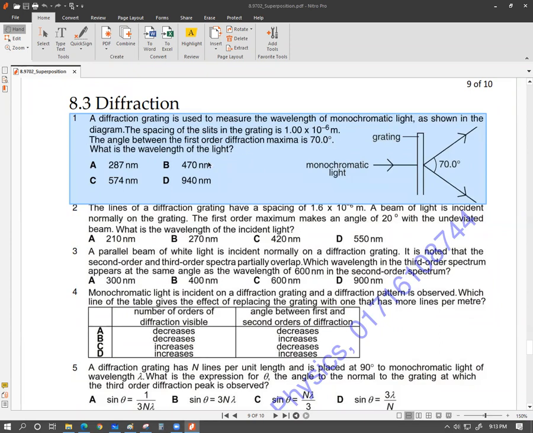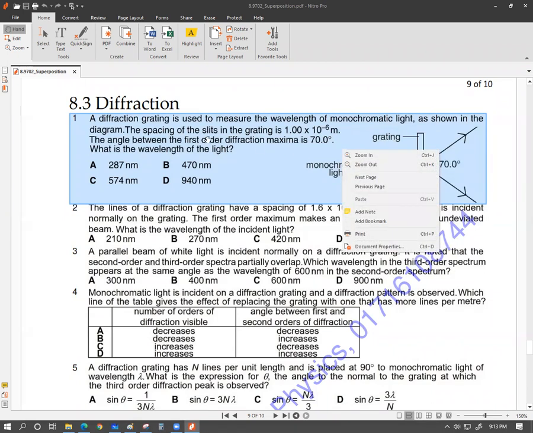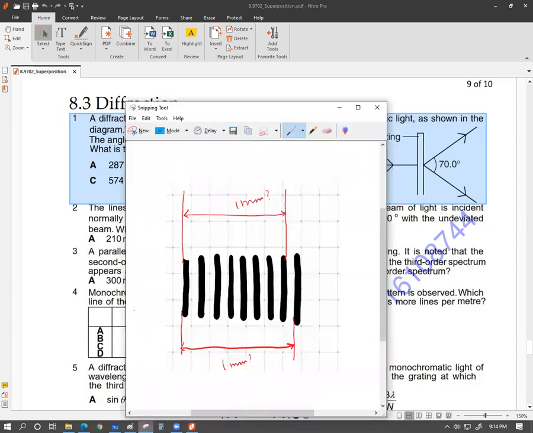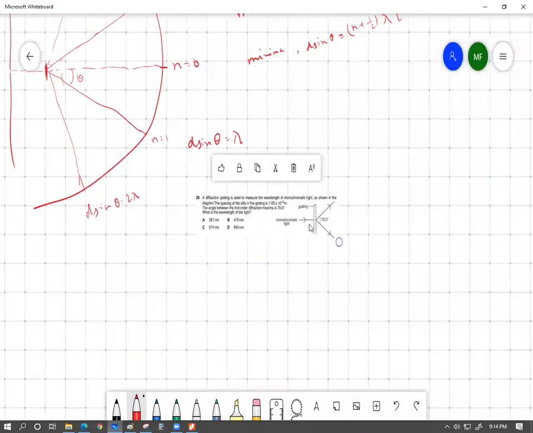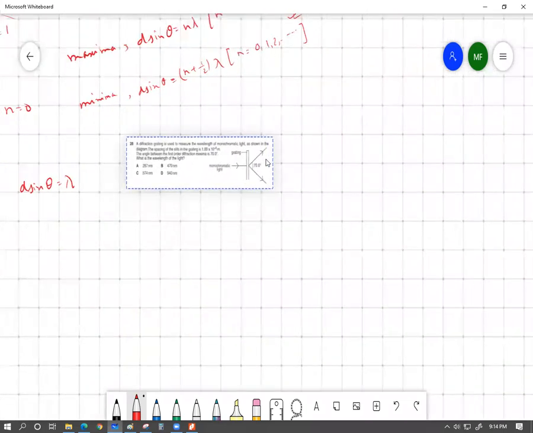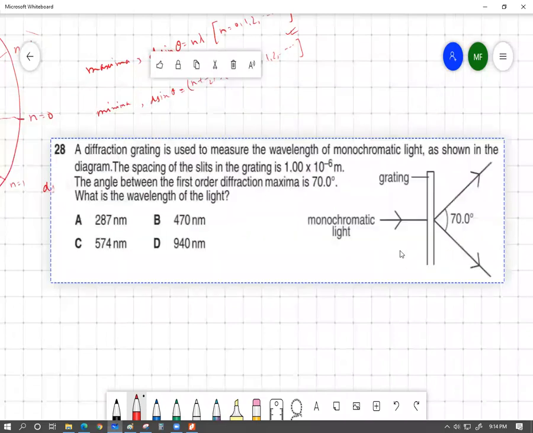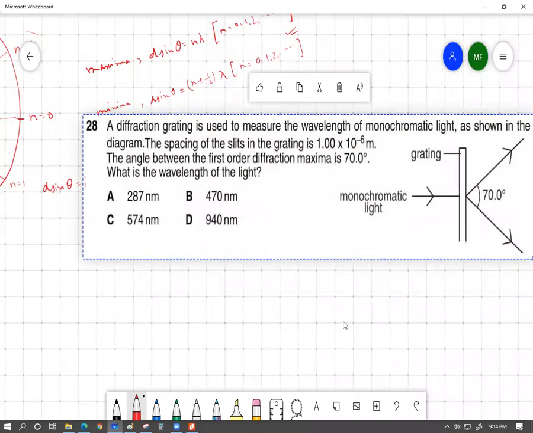Now, the idea is we are asked to find out the lambda. But from this figure, if you have a look over here, this is for n equals to 1.